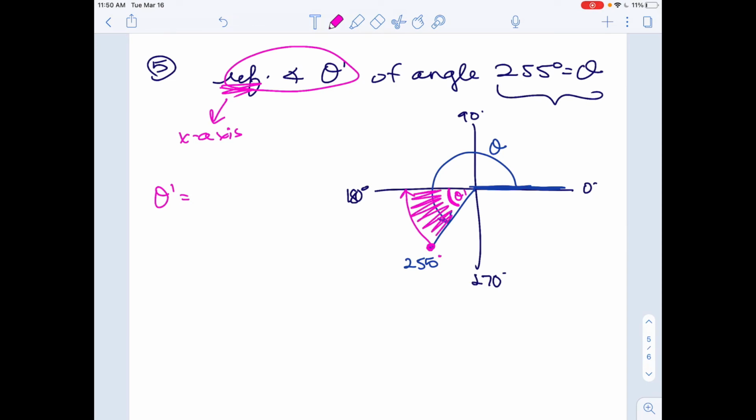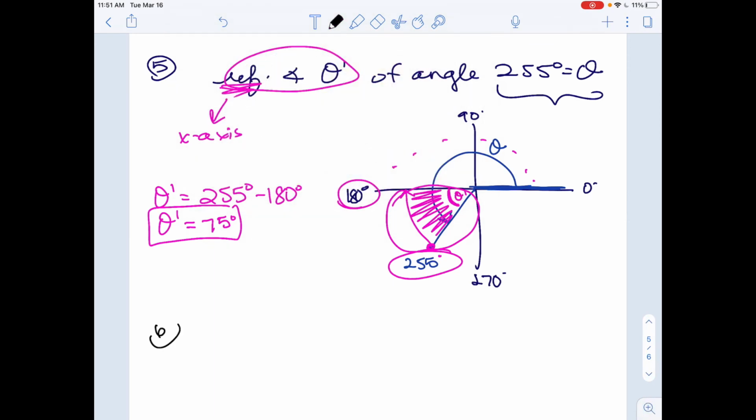So I can take 255 degrees and subtract 180, because I don't really need to know all of this. I just need to know the acute angle, or the reference angle, that's closest to the x-axis. So we get 75 degrees is theta prime.